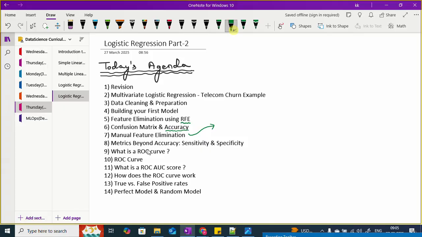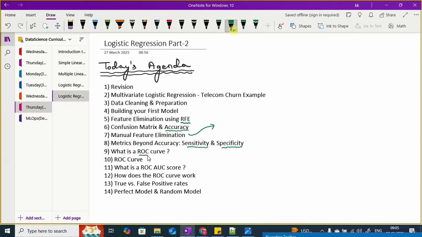Then the metrics beyond accuracy. Not only accuracy, there are other different metrics also, that is sensitivity and specificity, which we'll also discuss. Once we cover that, we'll enter a new concept altogether, that is the ROC curve.